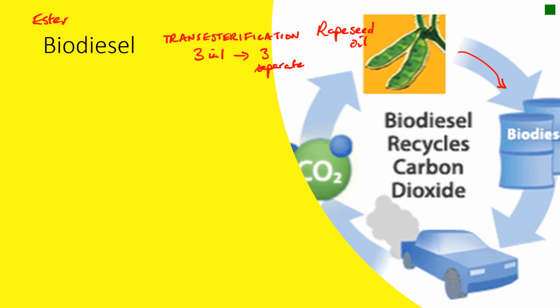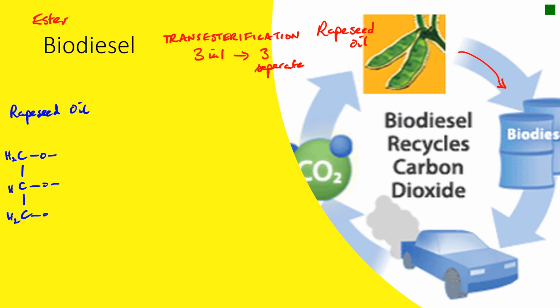So let's draw out our rapeseed oil first. Rapeseed oil is, like we said, a triglyceride, so we're going to have this 3 vertical carbon backbone, which we can complete with our redundant hydrogens like so. Then, as you remember, we've got our ester links.